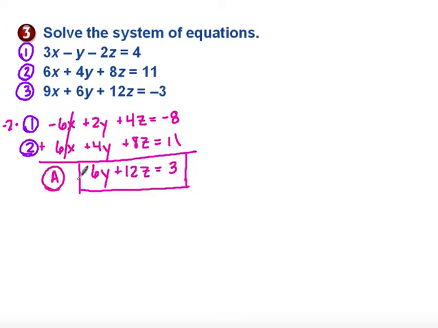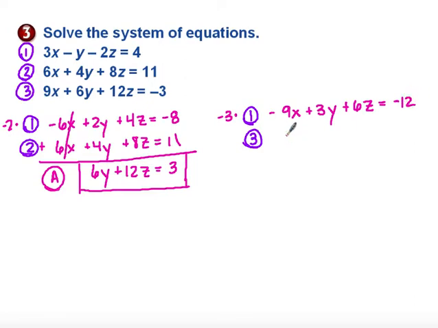All right, now I'm going to look at 1 and 3 and try to get rid of x's again. To get rid of x's, I'm going to have to multiply 1 by negative 3, giving me -9x plus 3y plus 6z equals -12.